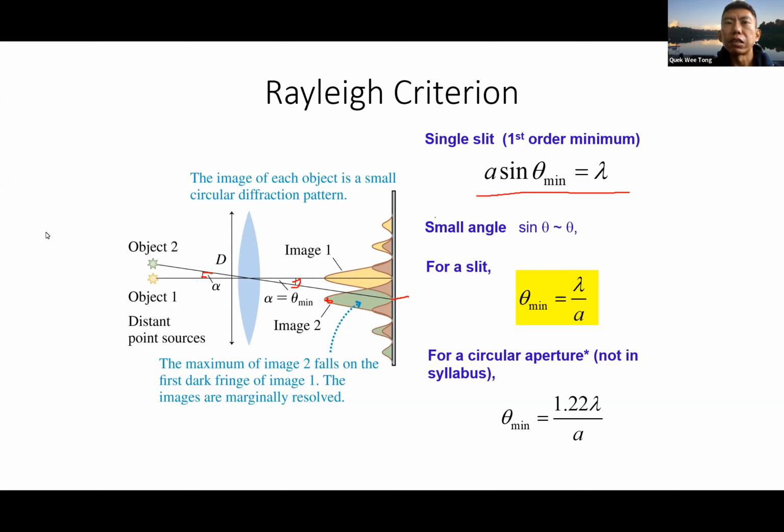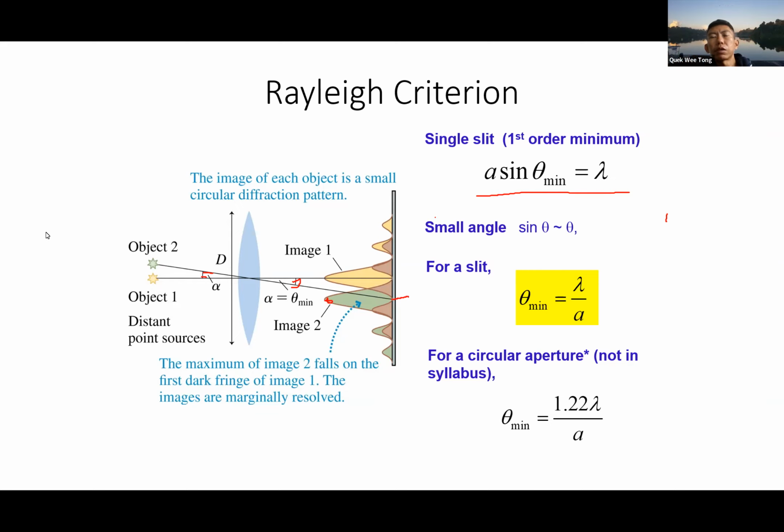Usually we expect this theta to be really small. Why small? Because you can look at the a sin theta equals lambda formula. From that single slit diffraction formula, you could tell that for any a that is significantly larger than lambda, theta will be very small.